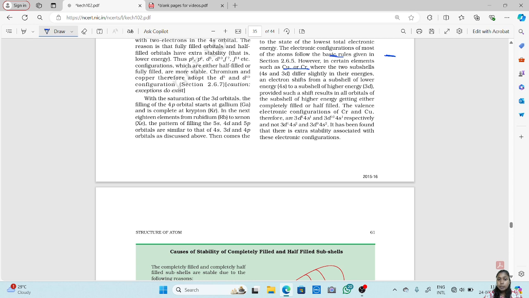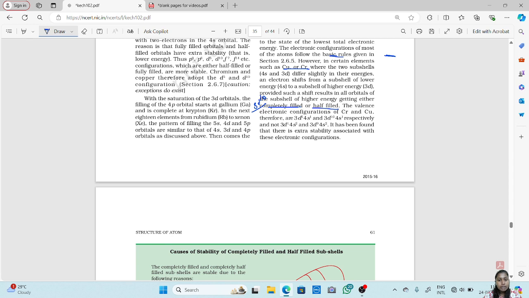So in chromium and copper, the two subshells 4s and 3d differ slightly in their energies. An electron shifts from the subshell of lower energy, that is 4s, to a subshell of higher energy, that is 3d, provided such a shift results in all orbitals of the higher energy subshell getting either completely filled or half filled. In copper, it gets 3d10, right? So copper gets completely filled, and chromium gets half filled.